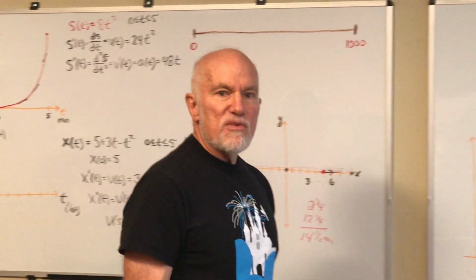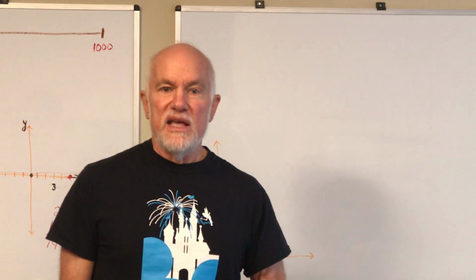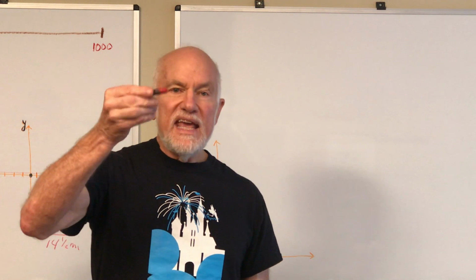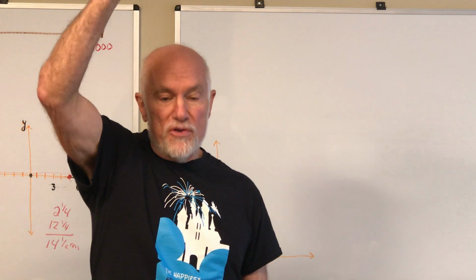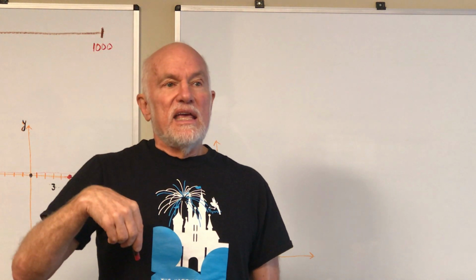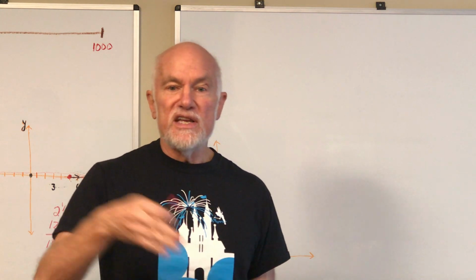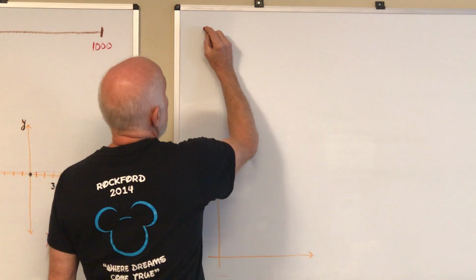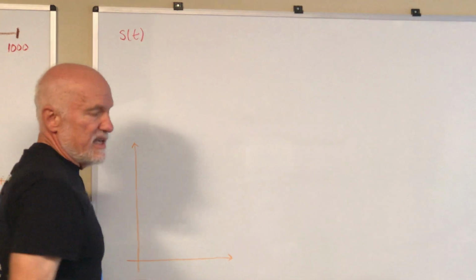Well, now let's move and talk about another type of movement. In physics, they would call this free fall. So if you take any object and drop it, or throw it up in the air or throw it down, it's going to move according to some position and time equation. So in this case, let's call that S of t.